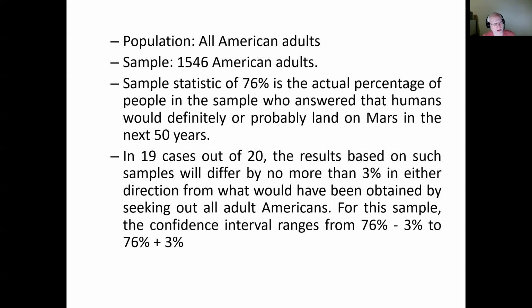Now, there's one important thing. If we had the population parameter and we knew the margin of error, say the true population parameter was 78, and we knew that for a given sample size the margin of error was 3%, so 78 minus 3, 75 to 81, we would expect 19 out of 20 surveys to fall within there.